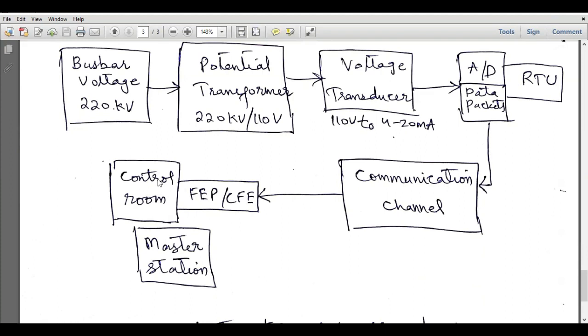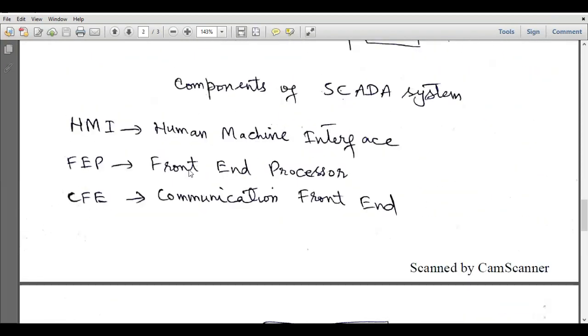In the control room, we have a master station and a computer operator or power system operator, who monitors all the actual information in the power system. These are the protocols, communication front end and the front end processor.